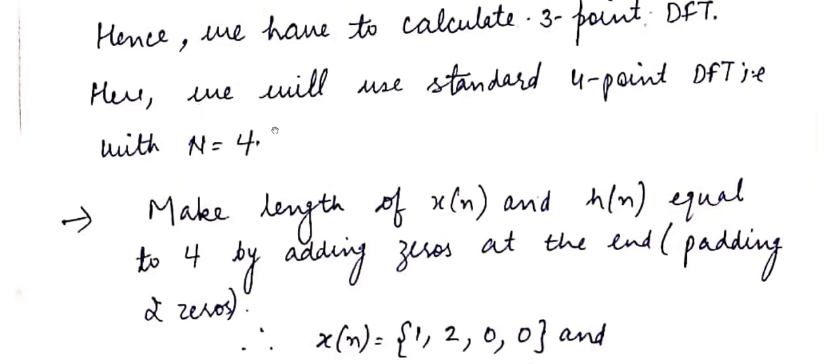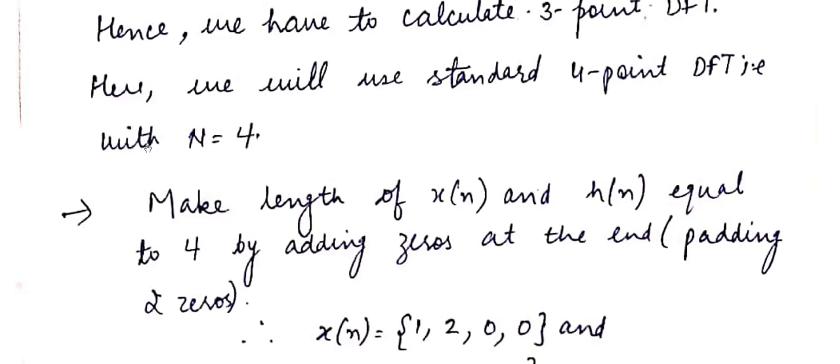Then I have to increase the length of x(n) as well as h(n) to 4 if I want to apply DFT. Because when we solve this, it will actually produce circular convolution, but our motive is to get linear convolution.